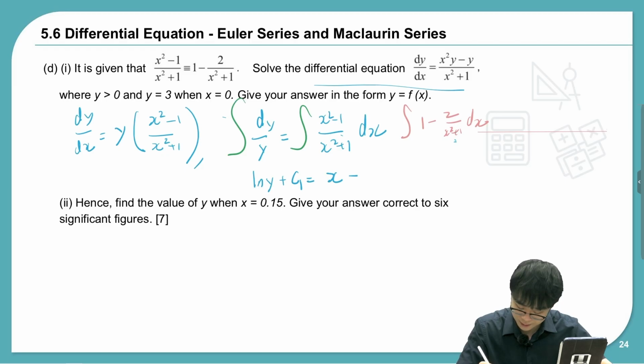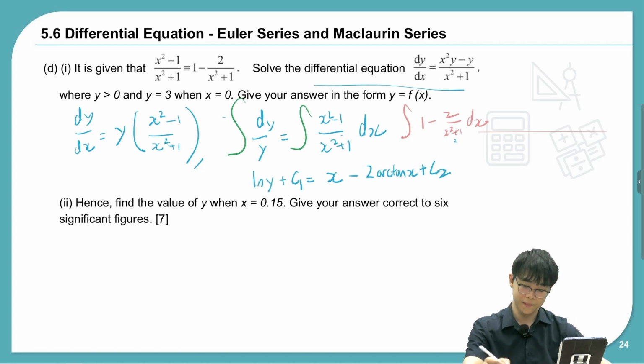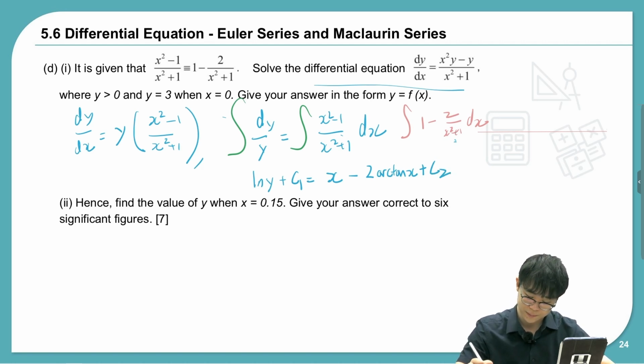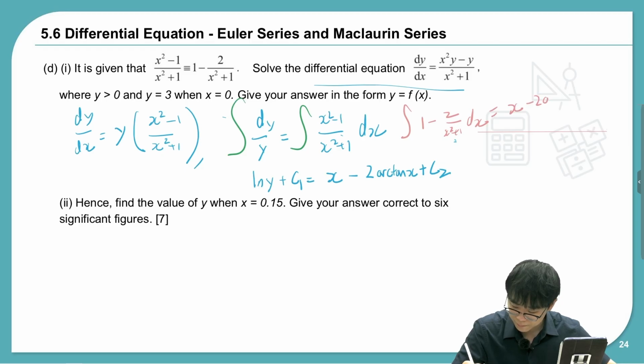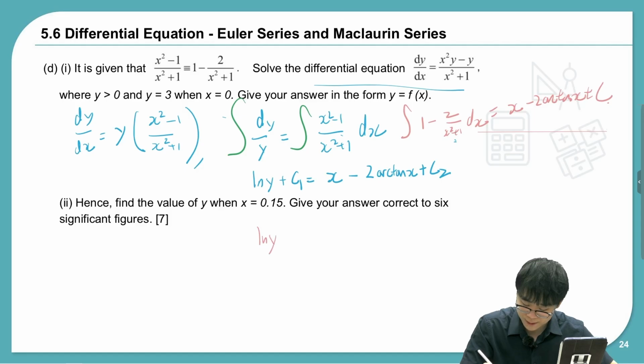So this is going to be negative 2 arctangent x. And then we would have a new constant here. But instead of writing it like this, we could simply merge the constants together. So instead of writing an integration constant on both sides, we can just write this as a single thing. So we could just write this as ln y is x minus 2 arc tangent x plus c.